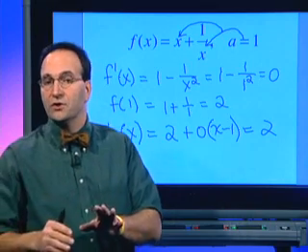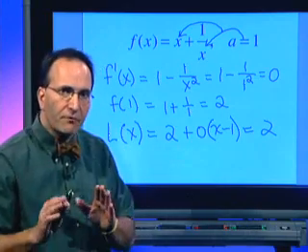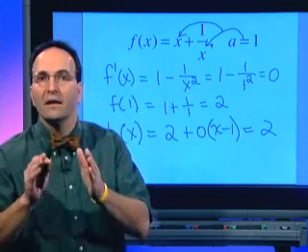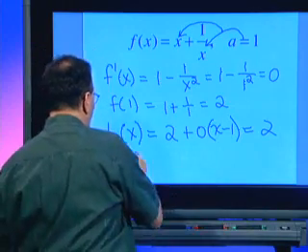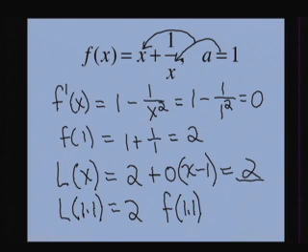Part B was to determine how accurate the approximation is for L of a plus 0.1, which is L of 1 plus 0.1, in other words, L of 1.1. Well, it actually doesn't matter because we found that L was a constant, so that means it's equal to the 2 that we discovered over here. We want to compare that to f of 1.1.